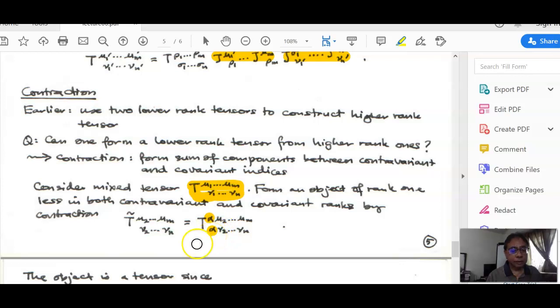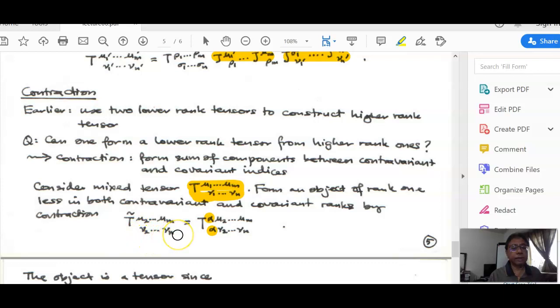Remember the way we have talked about index notation: whatever free index is on the left hand side or on the right hand side will be conserved.